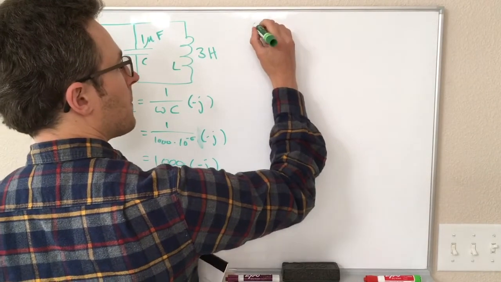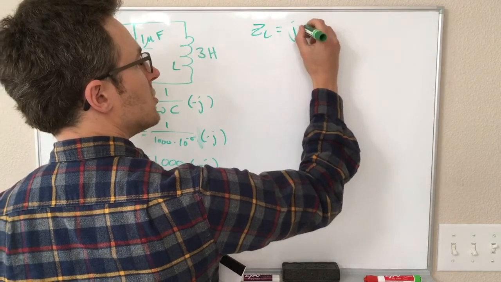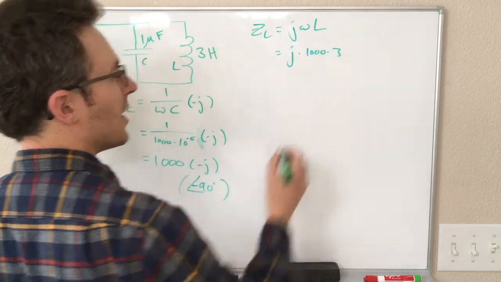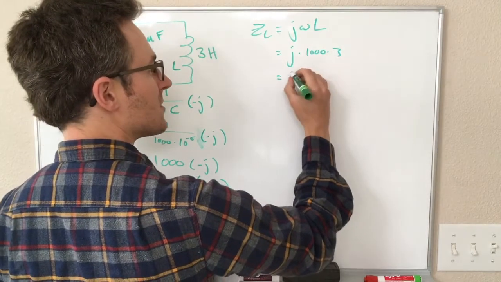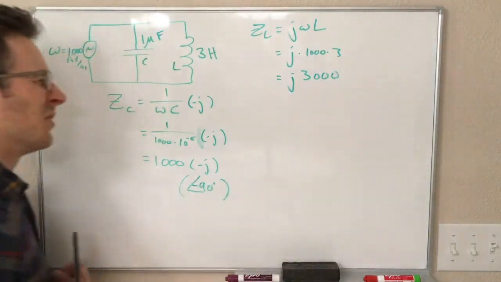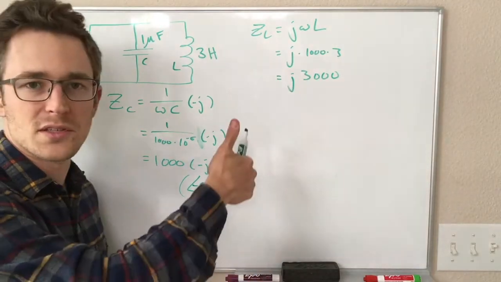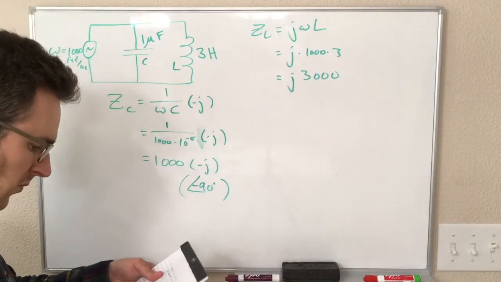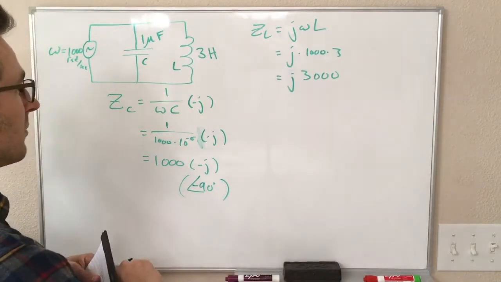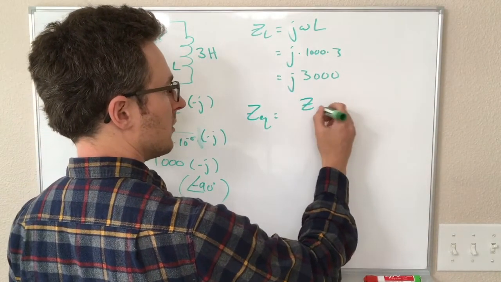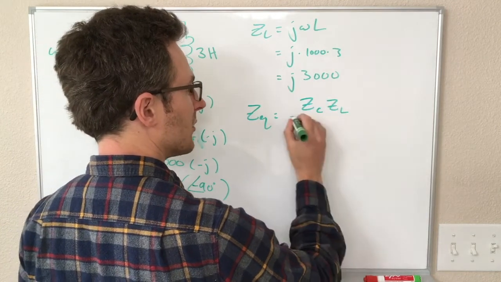Our inductor is equal to j omega L, so that is j times 1,000 times 3, an easy one, j 3,000. So this is 3,000 at an angle of plus 90 degrees. All right, so if we're combining these two in parallel, Z equivalent is still the two multiplied over the two added.